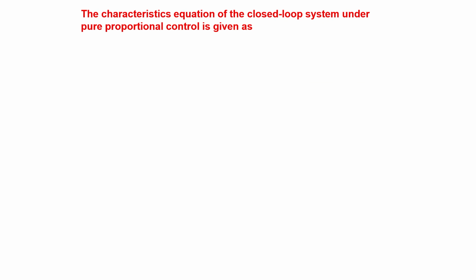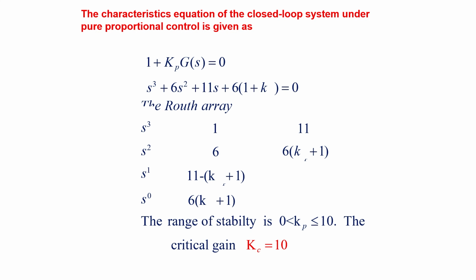The characteristic equation of the closed loop system under the pure proportional controller is given as 1 plus Kp into G of S, and we need to find the Kc value from here. We got the range of stability as 0 less than Kp less than or equal to 10. The critical gain Kc is 10.